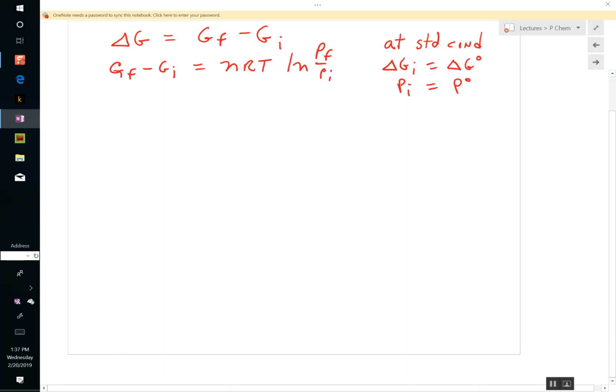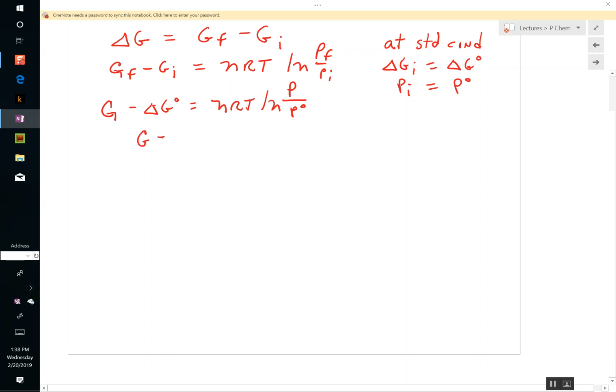So if we did all that and just substituted delta G naught for G_I and dropped these final and initial subscripts, we would have that G minus delta G naught equals nRT times the log of the pressure over standard pressure.